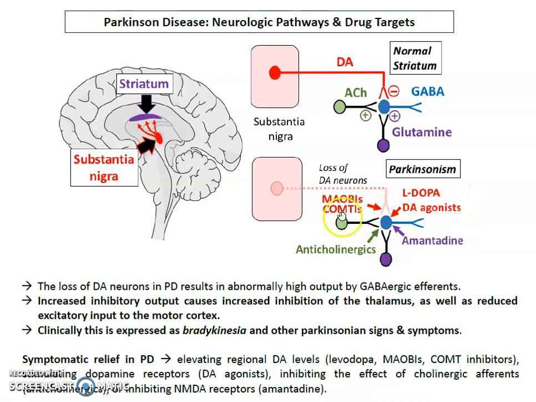We saw that we can also use MAO-B inhibitors or COMT inhibitors. The MAO-B and COMT inhibitors, L-DOPA and dopamine agonists are medicines used in Parkinson disease in order to limit the manifestations like tremor, akinesia, and bradykinesia.